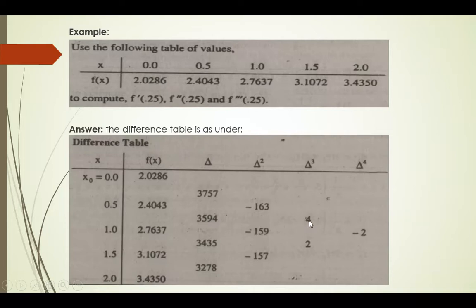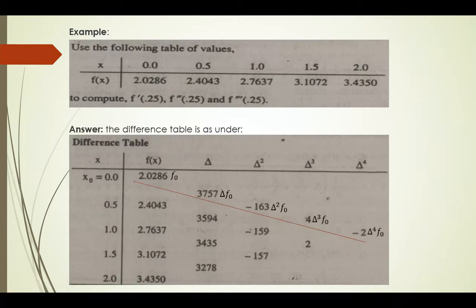We need to complete these digits now, I mean 4. So 4 can be written by putting 3 zeros in front of 4. So this 4 is actually 0.0004. This 2 is 0.0002, and the same thing is here. Minus 2 is actually minus 0.0002. That is the reference table.